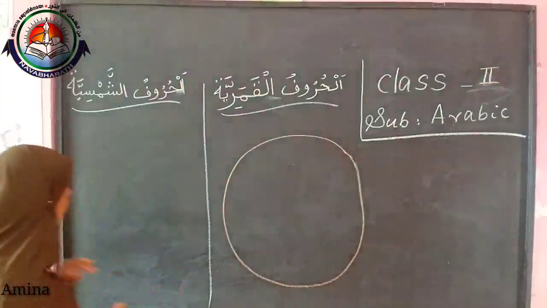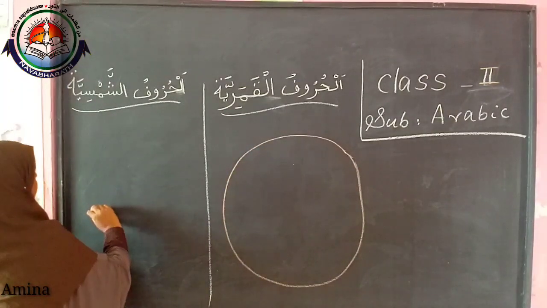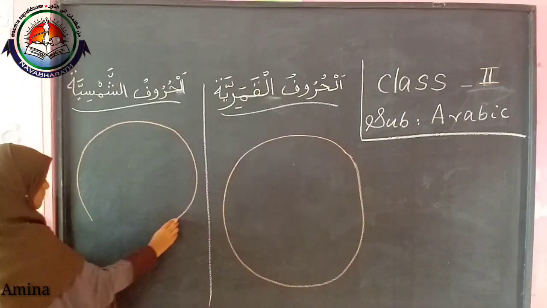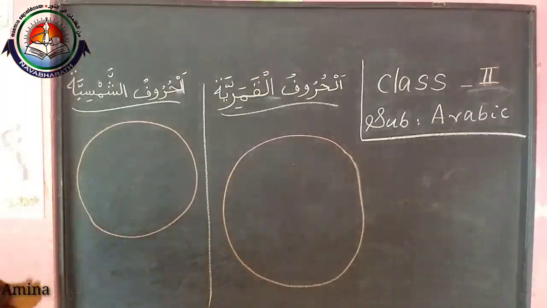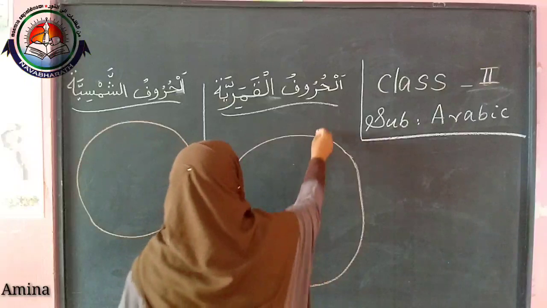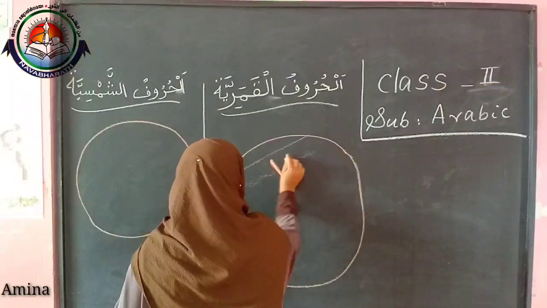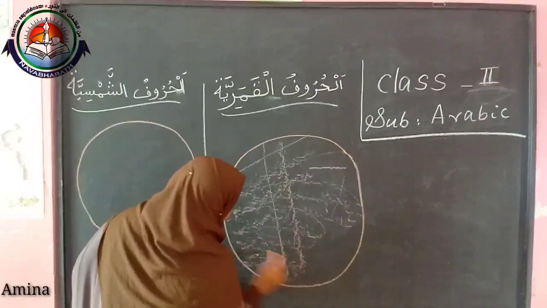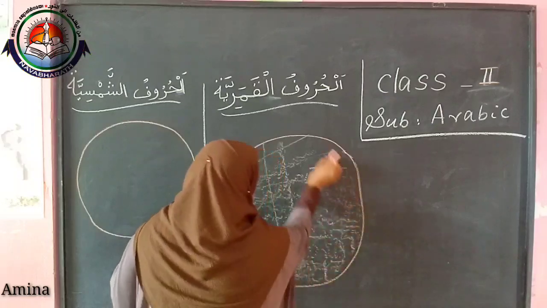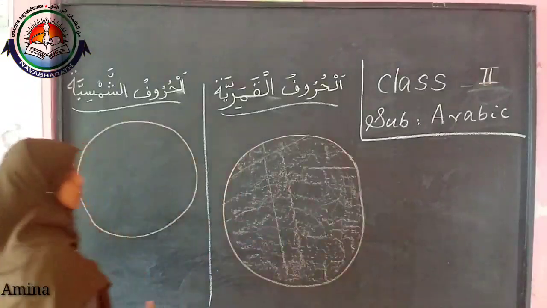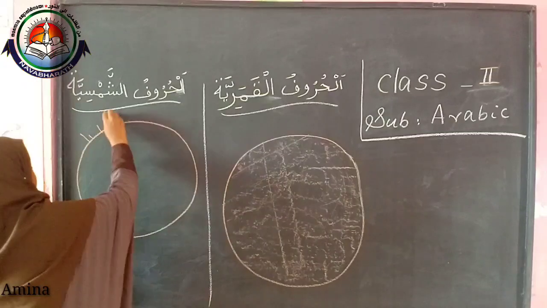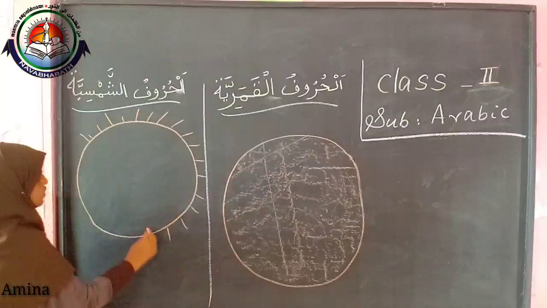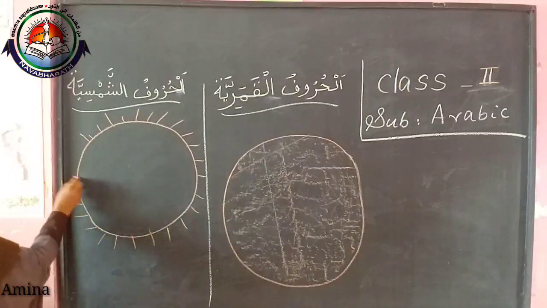This is our moon. Then our shams. Okay, then shade it like this. Okay, this is moon and this is our shams.